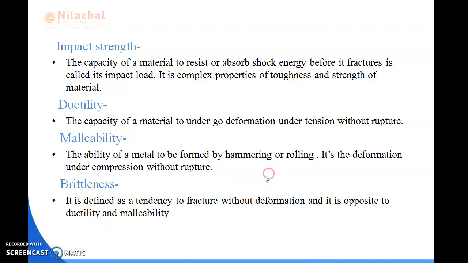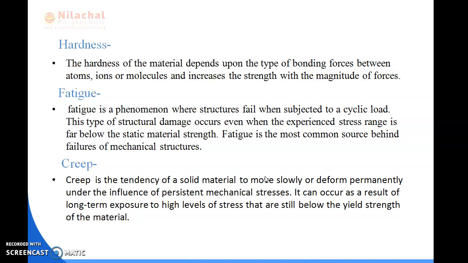So next is hardness. What is hardness? The hardness of the material depends upon the type of bonding forces between atoms, ions or molecules, and increases in strength with the magnitude of the forces. It means hardness is a measure of the resistance to localized plastic deformation induced by either mechanical indentation or abrasion.